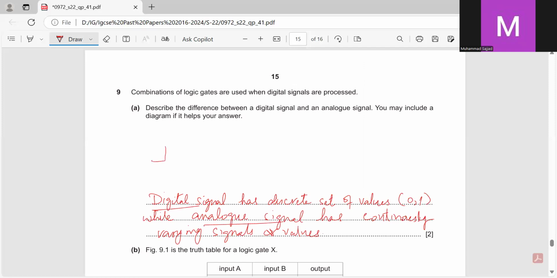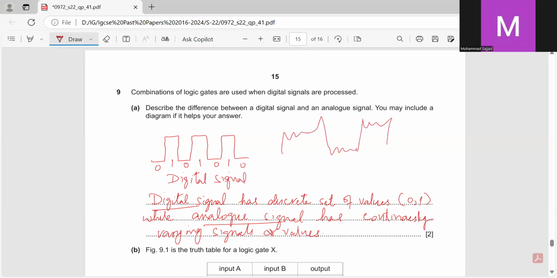Now, like this, see, this is 0, this is 1, 0, 1, 0, 1, 0. This is digital signal. This one, no pattern, nothing, continuous value.